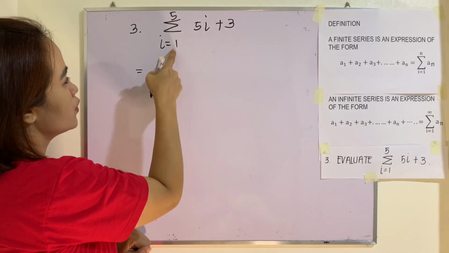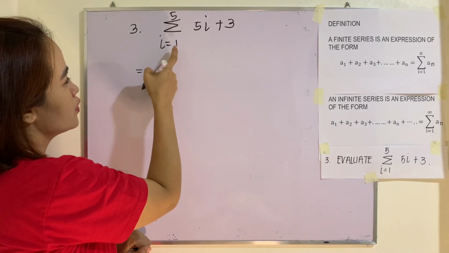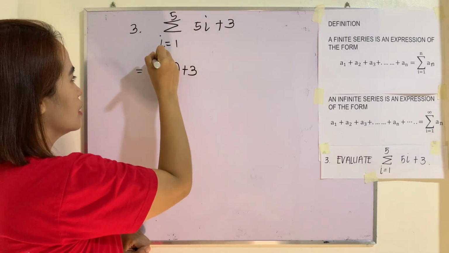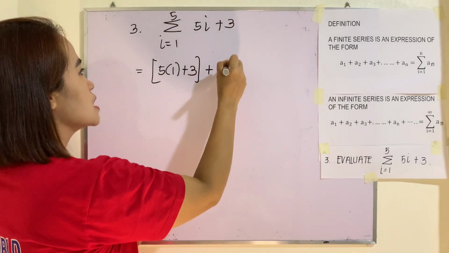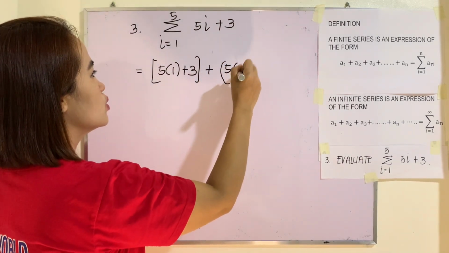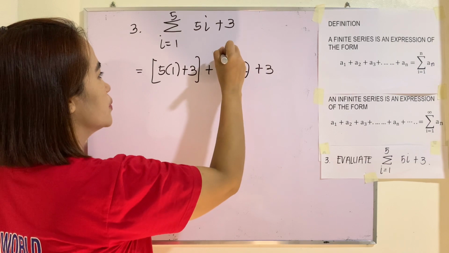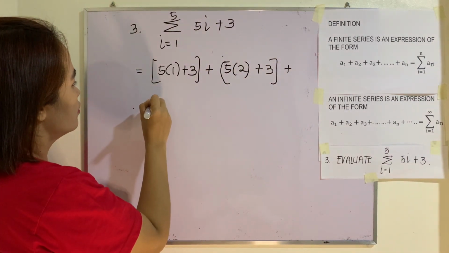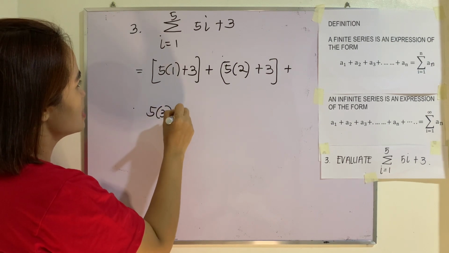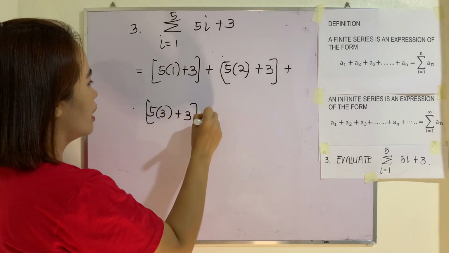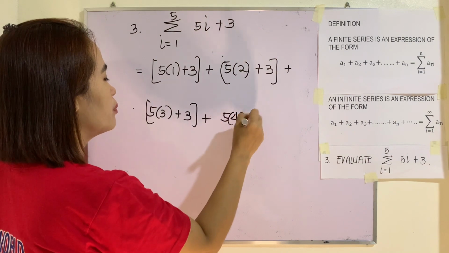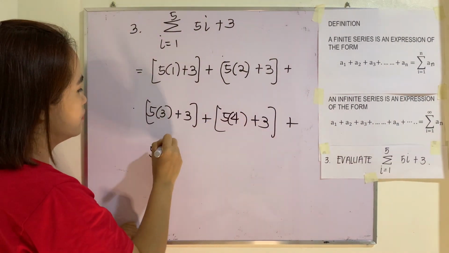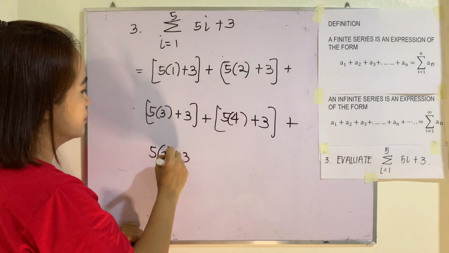We'll start from 1. So that is 5 times 1 plus 3, plus 5 times 2 plus 3, plus 5 times 3 plus 3, plus 5 times 4 plus 3, plus 5 times 5 plus 3.